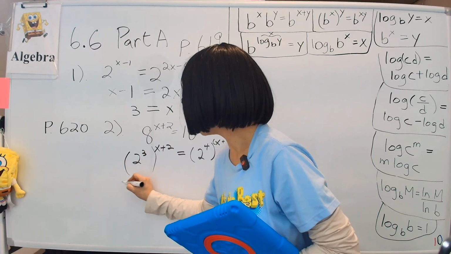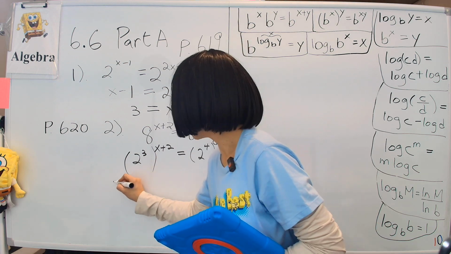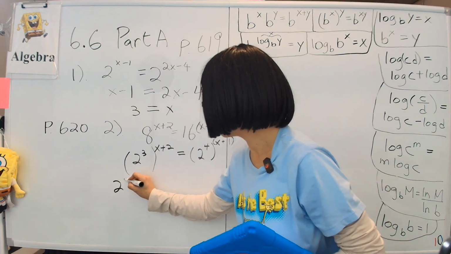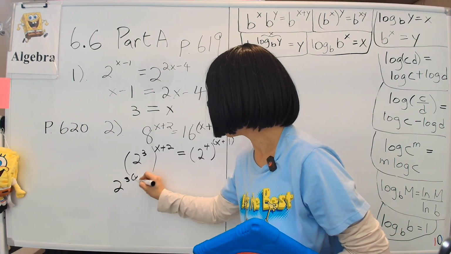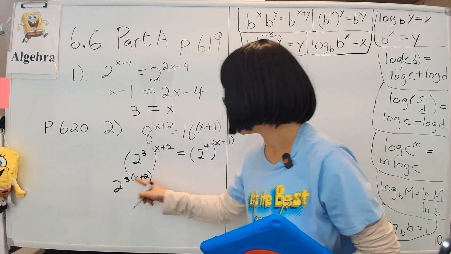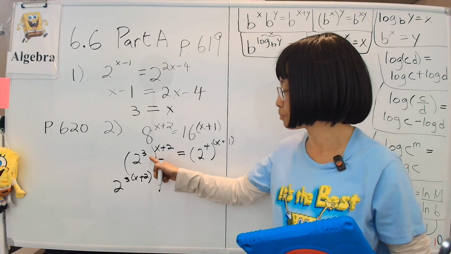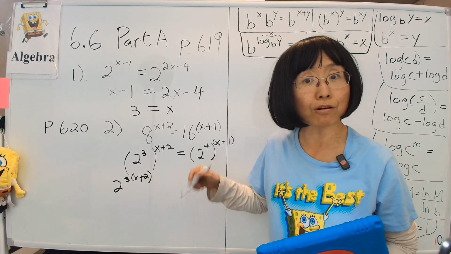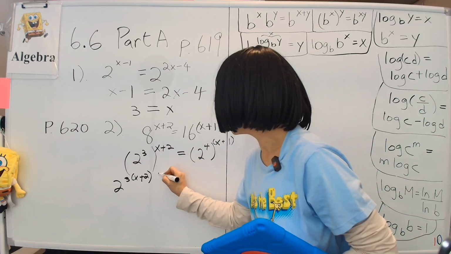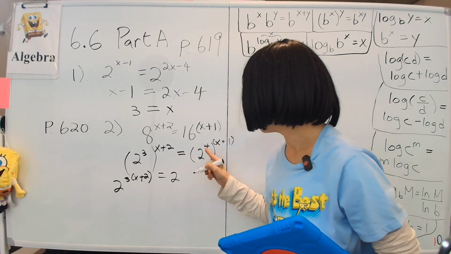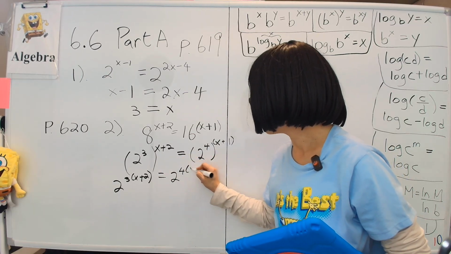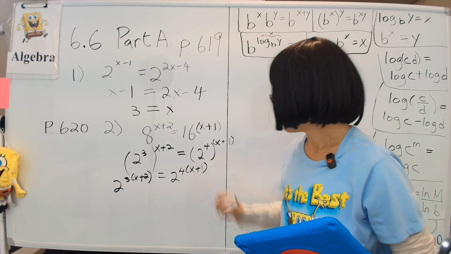The next line is 2 to the power 3 times (x plus 2). Now we definitely need the parentheses because 3 is being multiplied by the whole x plus 2, not just x. And similarly, 2 to the power 4 times (x plus 1).